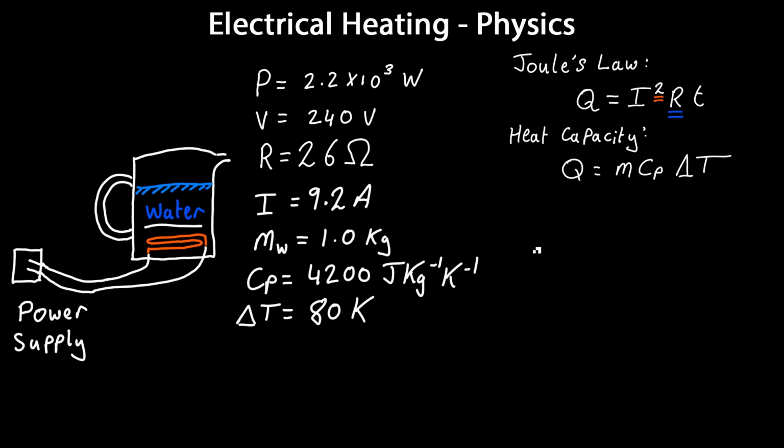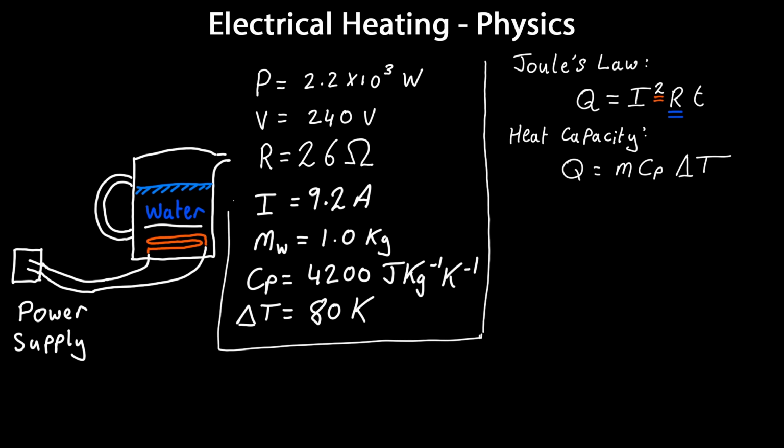So Joule's law shows us how much heat is emitted from a heating element, and our heat capacity equation can tell us how much heat is required to heat up a body of water in this case. So on the left side of the equation, we've got Joule's law, and on the right-hand side, we've got the heat capacity.